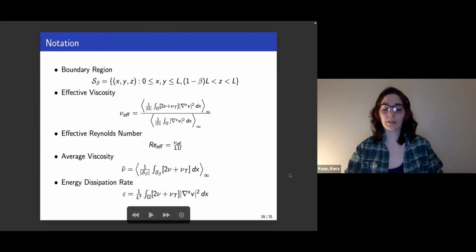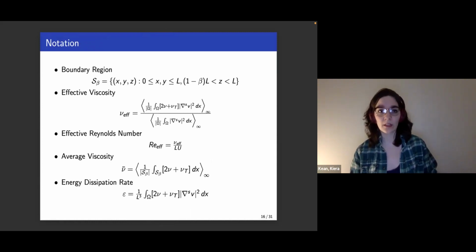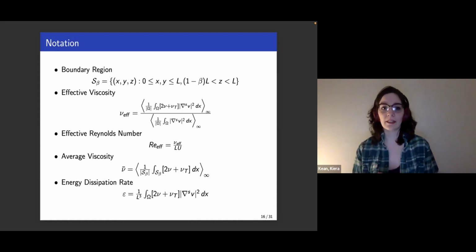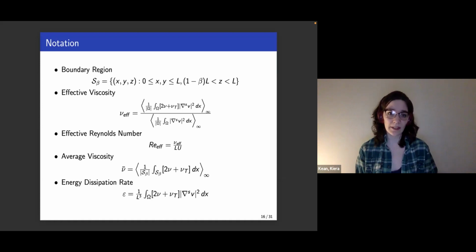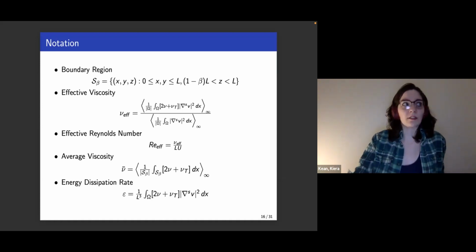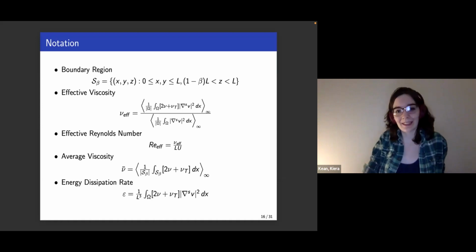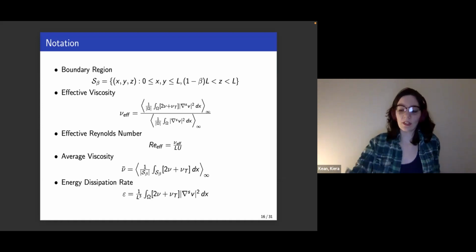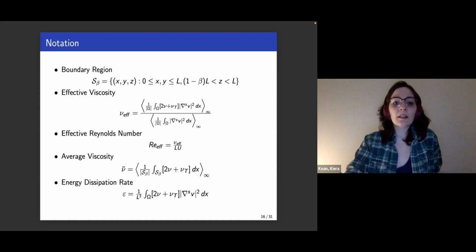We also define the following quantities. So we have the boundary region. This is the strip of beta thickness, and it is where the function phi is supported. We also have the effective viscosity and the effective Reynolds number, which are relatively commonly used concepts in turbulence modeling.